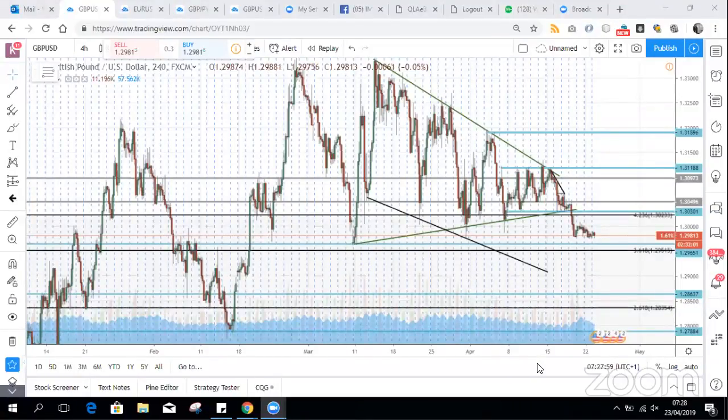Okay, while I wait for you guys to give me feedback, this primarily is the structure we're looking at.